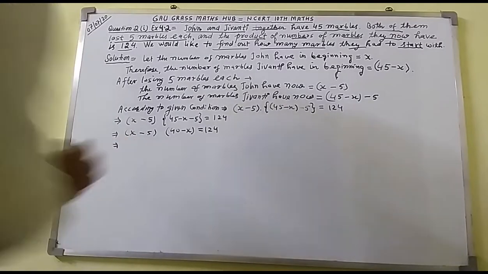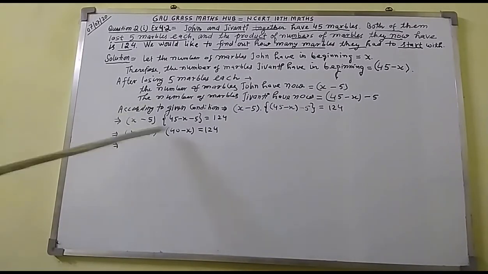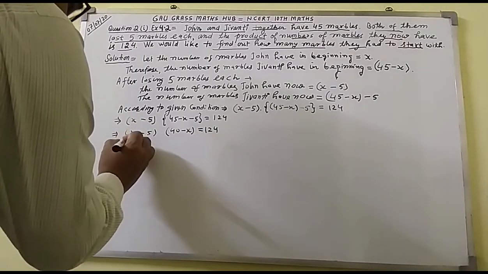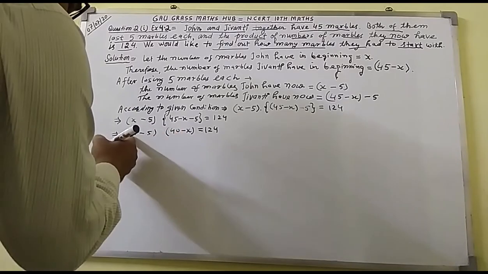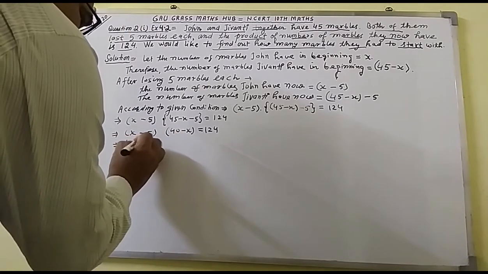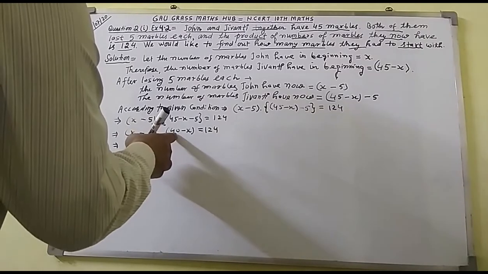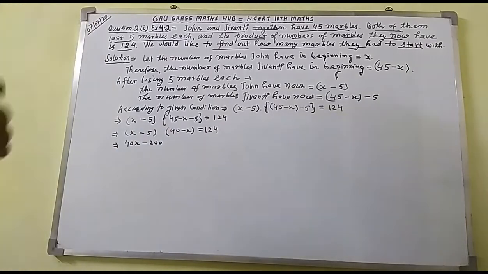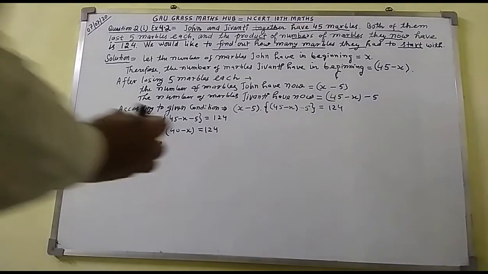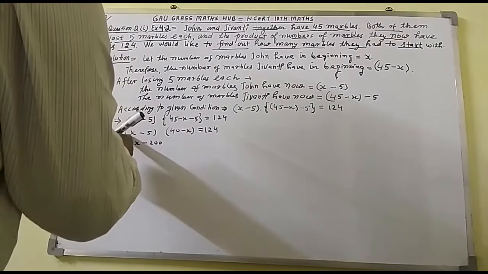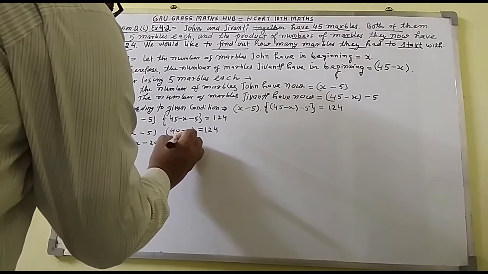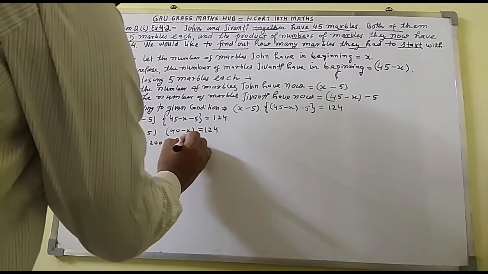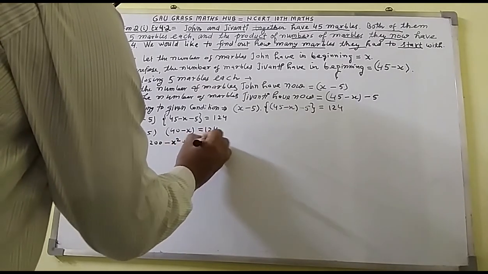Now you have two terms here, both will be multiplied together. If you multiply, 40 multiplied by x becomes 40x, and minus 5 multiplied by 40 gives minus 200. After that, minus x multiplied by x gives minus x square, and minus 5 multiplied by minus x gives plus 5x, equal to 124.